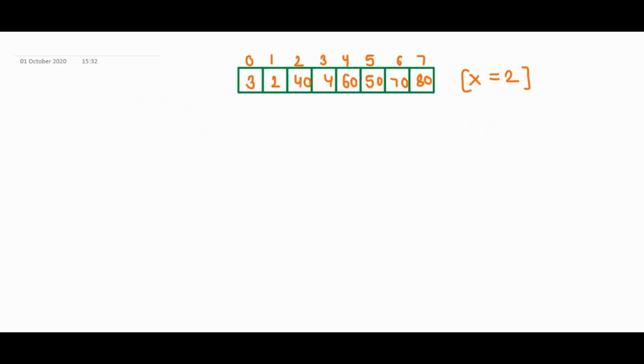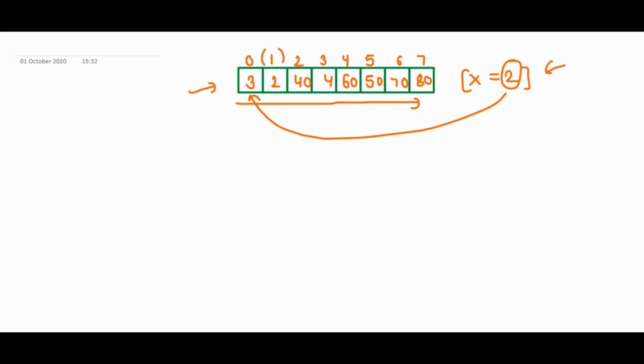Let's say we are given this array and we have to find 2 in this array. So the simple solution is we just traverse through this array and compare this element with every element of this array. And when we find this element, we just return its index.